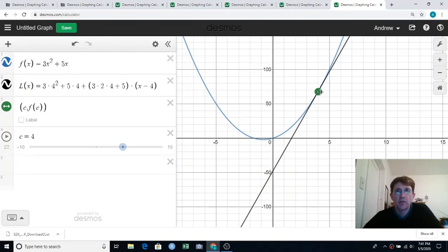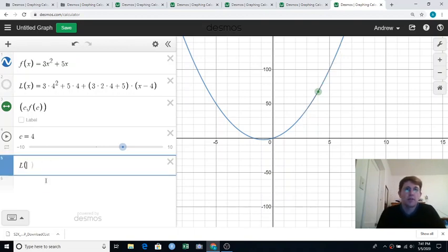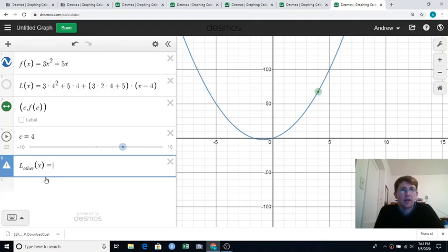Can I grab this dot and drag it? Well, that's changing c, but my c actually didn't appear in my tangent line formula, so my tangent line wasn't getting dragged along with it. Here's a way that people sometimes accidentally fool themselves. Instead of typing this for L, they say, oh, I'm in Desmos, I can just type the traditional tangent line formula, f of c plus f prime at c times x minus c.